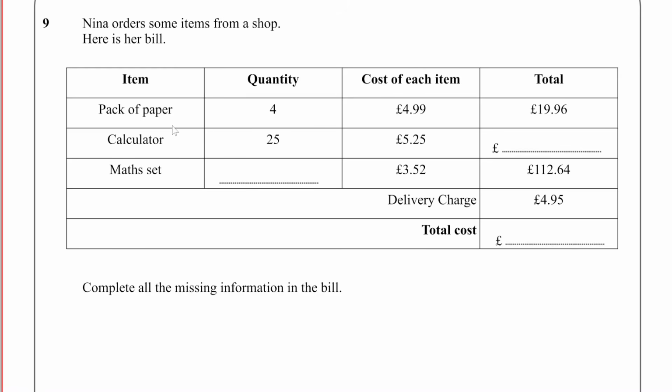Question 9. Nina orders some items from a shop. Here is her bill. So we've got pack of paper, 4, £4.99 each. So the total was £19.96. Calculators, 25 at £5.25 each. We need to complete the missing information.